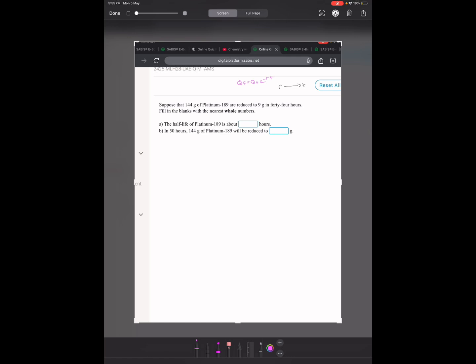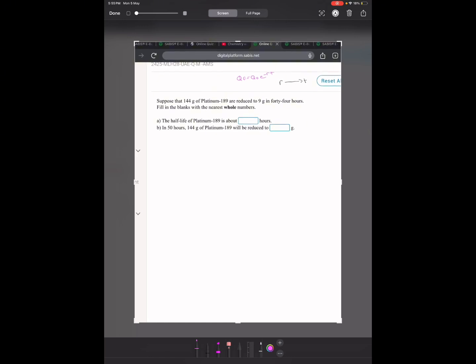Quantity final, they told us, is 9, equals quantity initial, which is 144, e to the power of minus r times t, which is 44 hours. You're gonna move this to the other side. 9 over 144 is 0.063 equals e to the power of minus 44r.